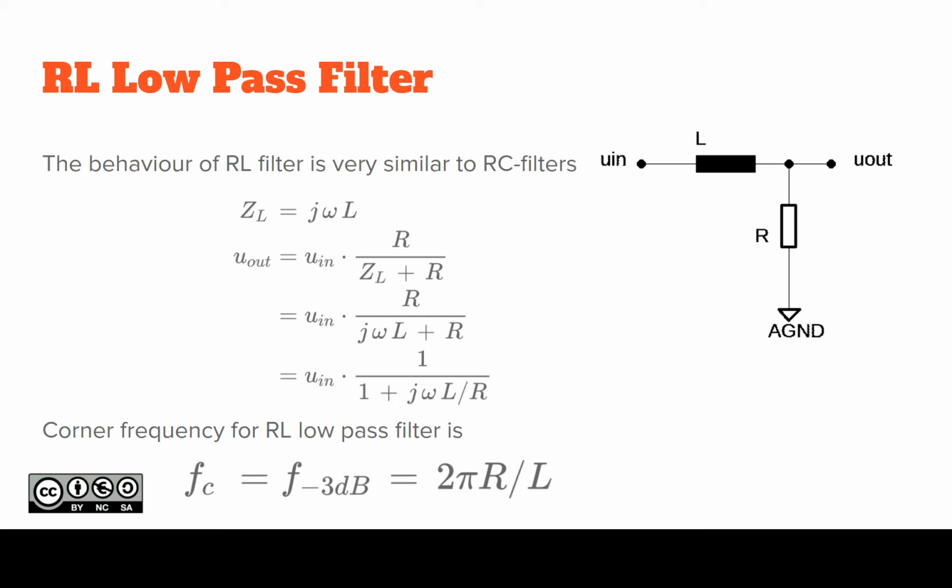So practically it means that omega L divided by R equals 1.